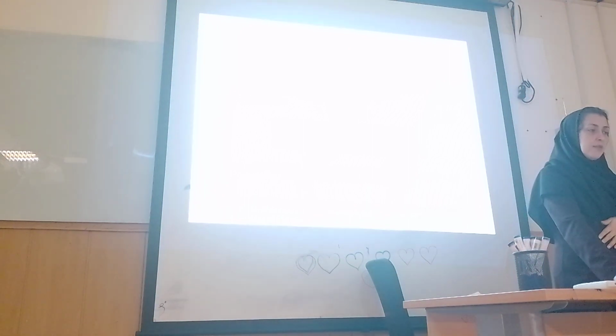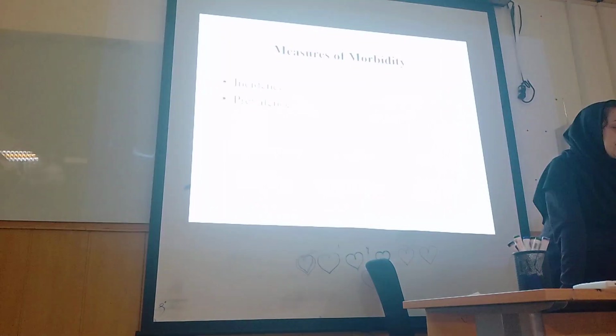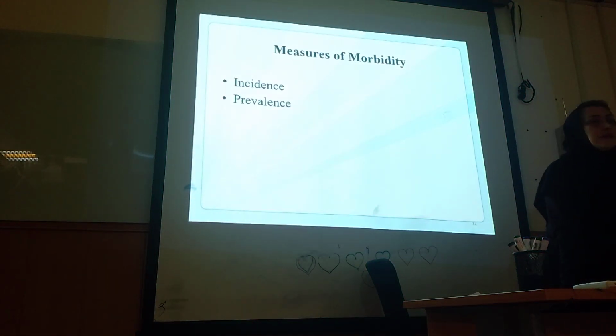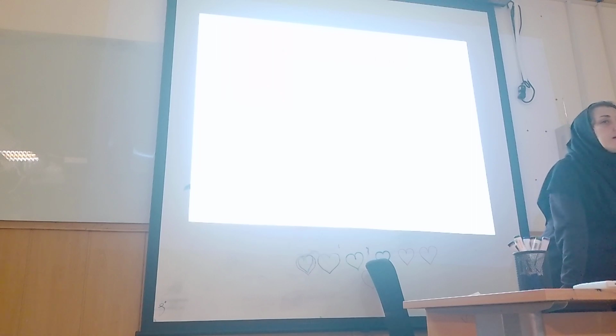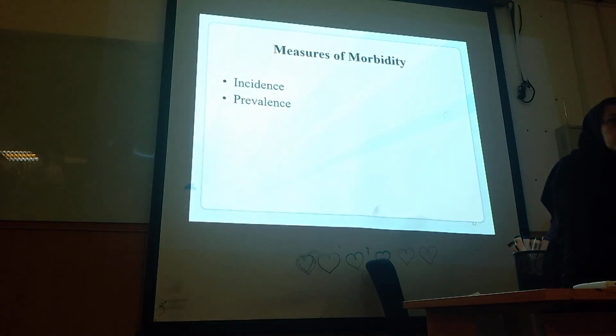These three are so important. We have two measures of morbidity: incidence and prevalence. Do you know what it means? Have you ever heard about incidence and prevalence or not? Could you please tell us what incidence means?